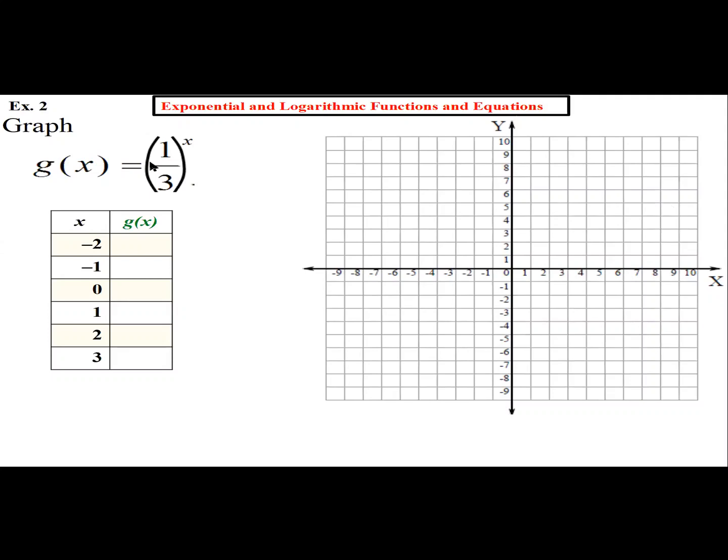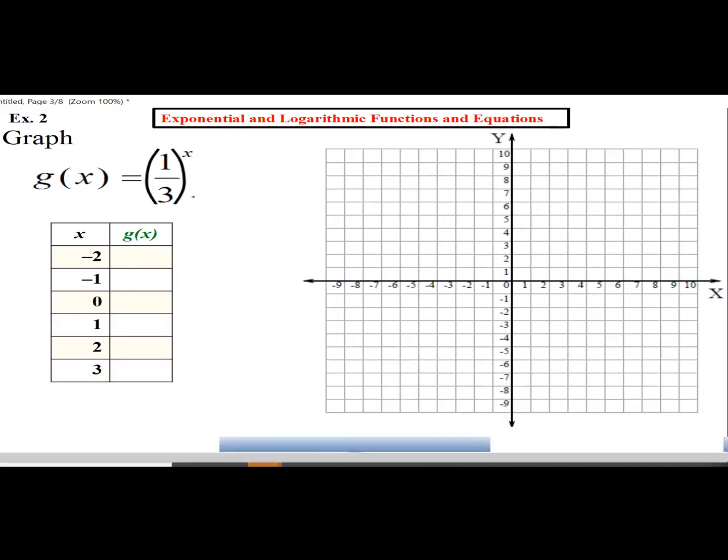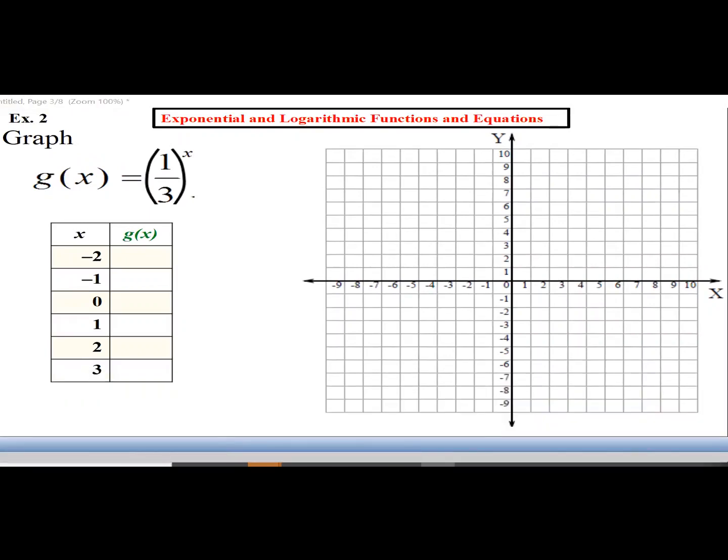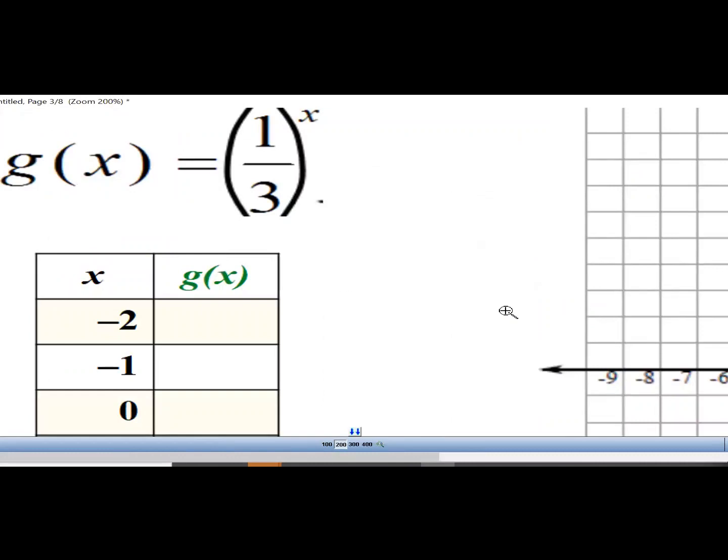In the meantime, I'm going to rewrite this here next to the table so I can do some computation and set up our range.